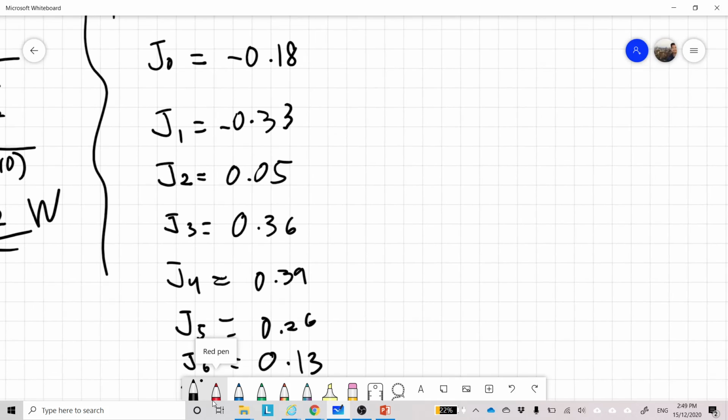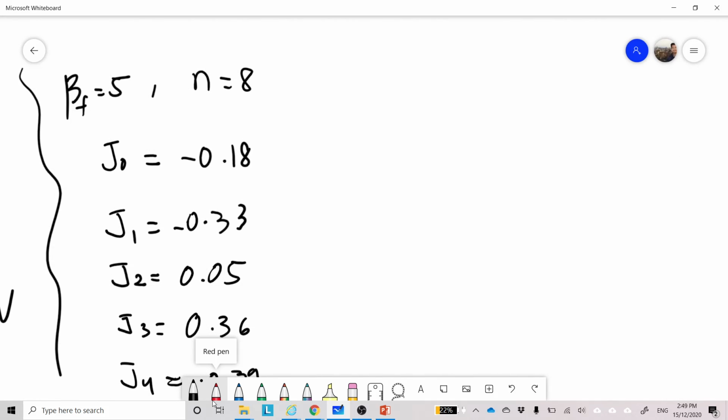Okay, so in order to find the total power, you can do like this.